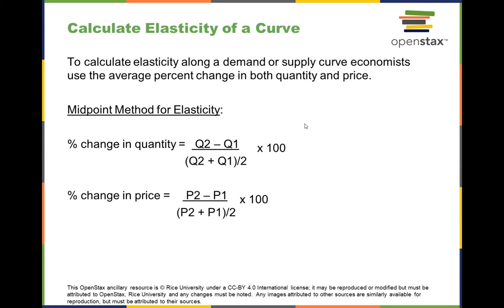And then for the percentage change in price, you do the same thing. You take the second price, subtract the first price, and then divide it by those two added together divided by 2. So remember, they're doing two things here. Basically, they're getting the averages, and they're dividing the difference by those averages in both of those cases for the midpoint formula.